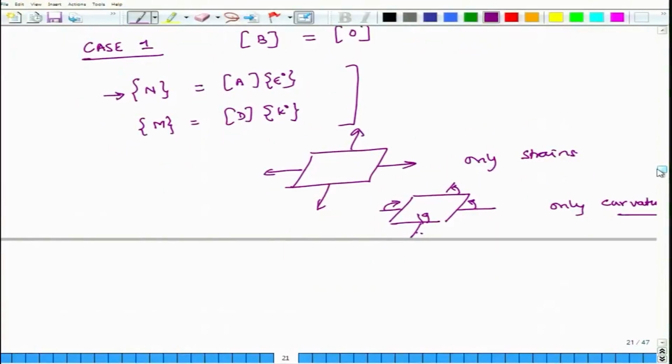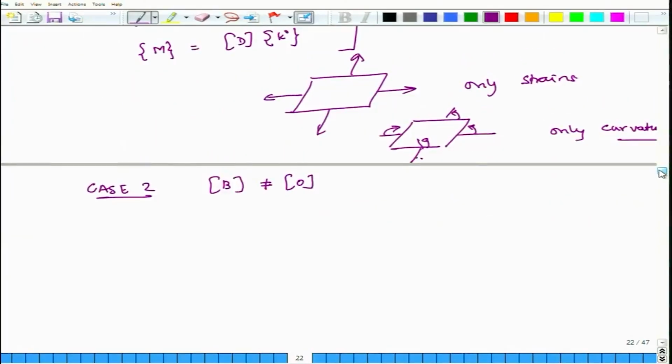But we can have another case where the B matrix is not a 0 matrix, and suppose in this case you have, let us say, a plate and you apply some Nx, you can also apply some Ny, and you can also apply some Nxy.